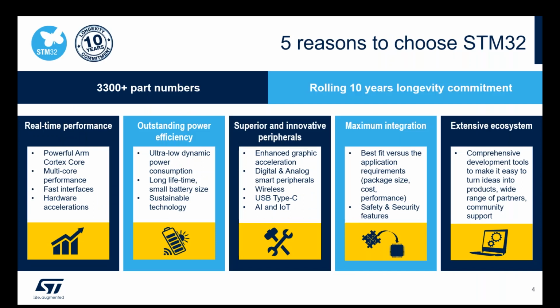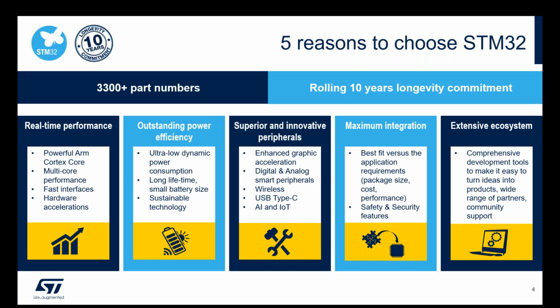So why did so many customers and developers choose an STM32 MPU for their product? Here are some reasons. One point is the real-time performance you can achieve with our products. Outstanding power efficiency, especially on the new U5 series, which I'll also share a bit about.